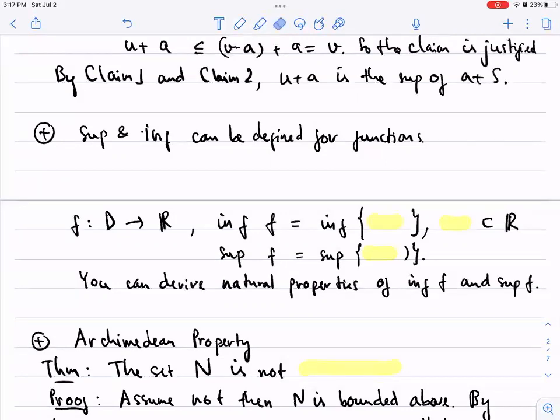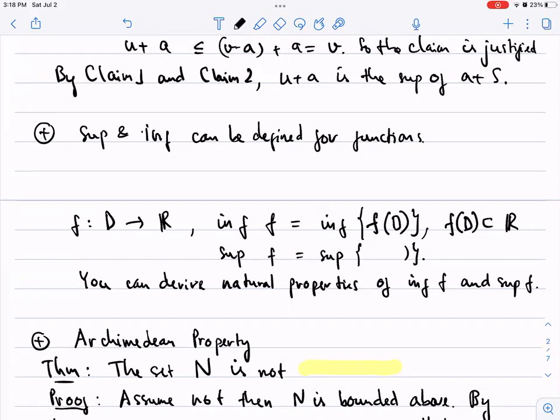We look at the image of the whole domain D under the function f. That is a subset of the set of real numbers. Then we take the infimum of this subset. That's going to be the infimum of the function.